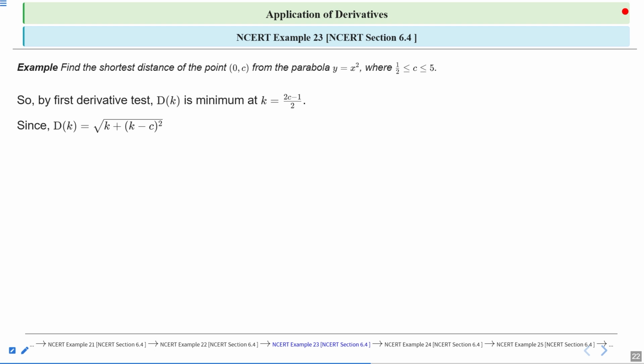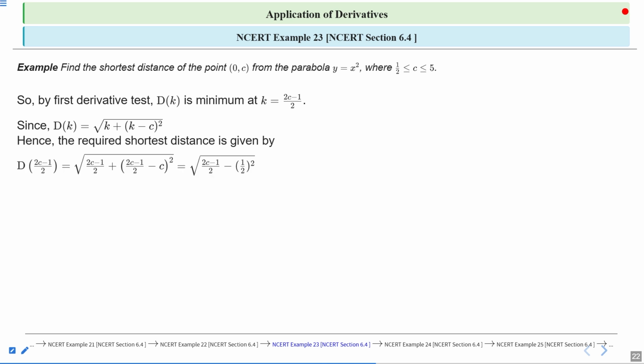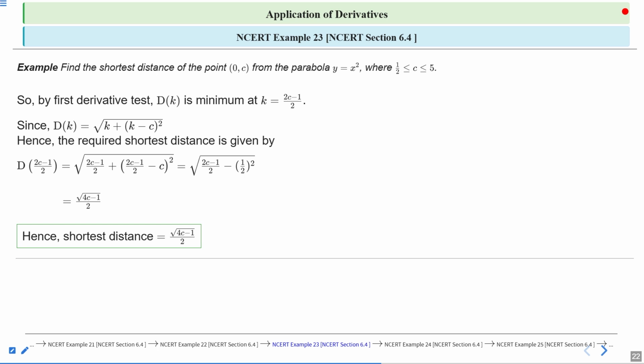Since d(k) = root over k plus (k − c) whole square, the required shortest distance is d((2c − 1)/2) = root over (2c − 1)/2 plus ((2c − 1)/2 − c) whole square, which after solving gives root over (2c − 1)/2 minus (1/2) whole square, which is equal to root over (4c − 1)/2. Hence, the shortest distance will be equal to root over (4c − 1)/2.